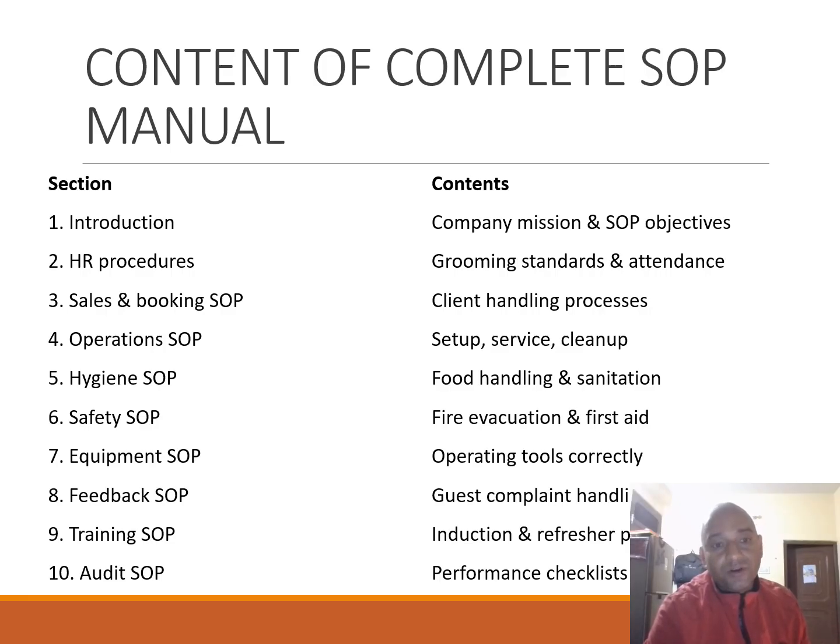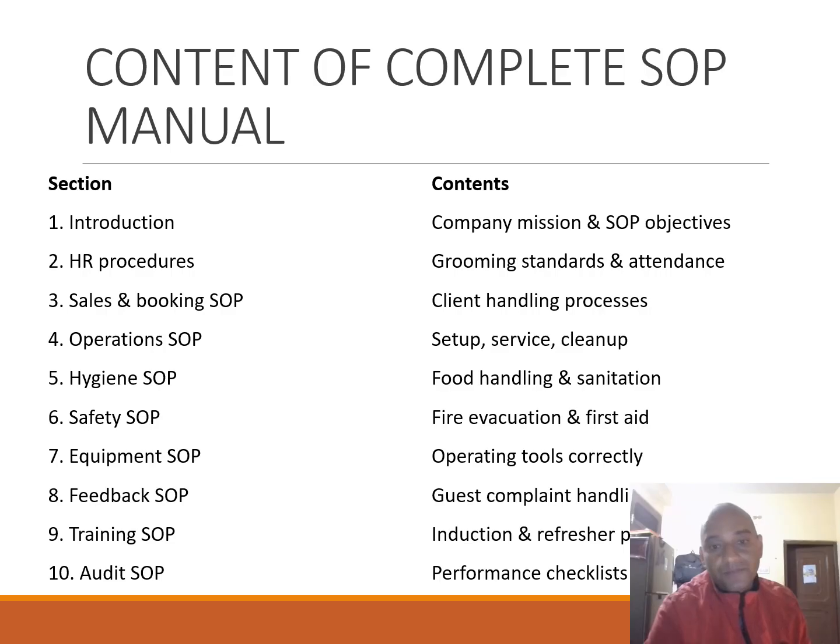If we talk about the introduction, what comes under the introduction: company mission and standard operating procedure objectives. HR procedure: grooming standard and attendance. Sales and booking standard operation comes under client handling processes. Operation SOPs: setup, service, cleanup. Hygiene SOPs: food handling and sanitation.